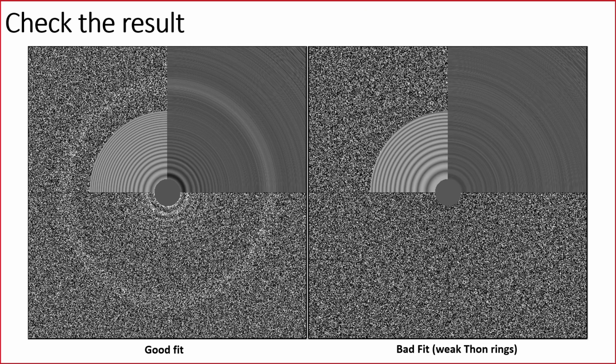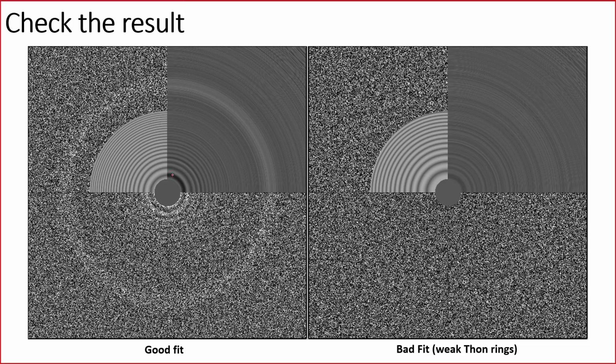Well, I want to recommend to all the people who are estimating CTF by any of the tools to check. Well, it will be hard to check all the thousands of micrographs, but first just check your micrographs if the fit of the CTF is good.